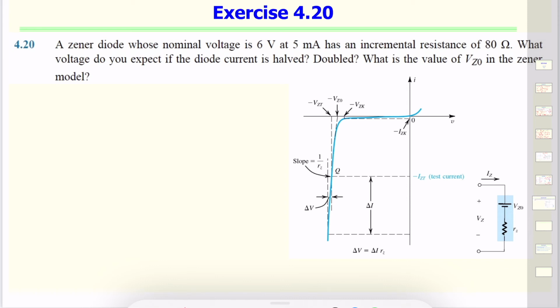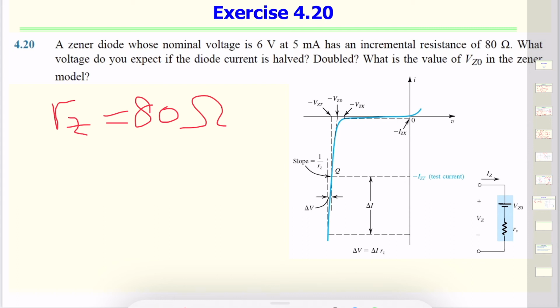The question states that we have a Zener diode whose nominal voltage is 6 volt at 5 milliamps. It has an incremental resistance RZ of 80 ohms, and what voltage do you expect if the diode current is halved? And doubled?